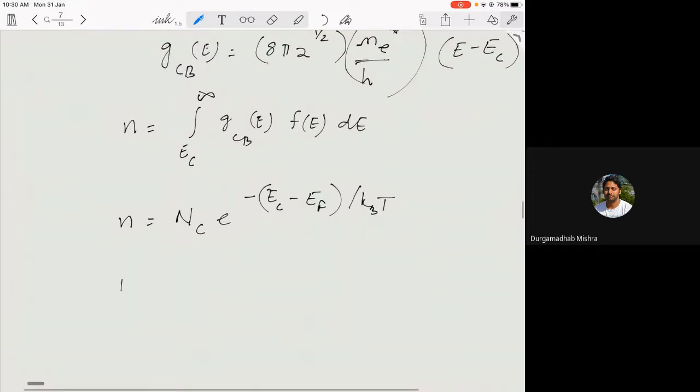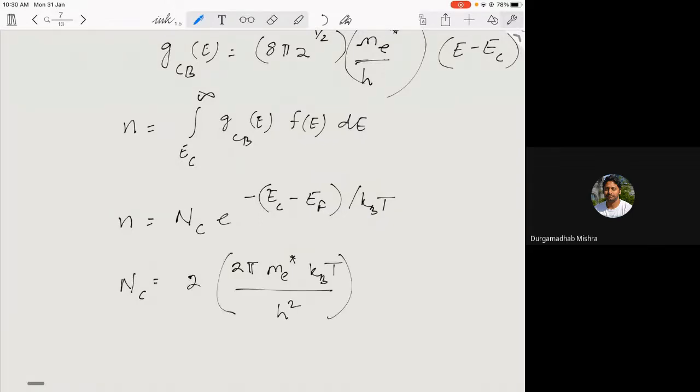And what is N_C? N_C is 2 into (2 pi m* k_B T divided by h squared) to the power 3 by 2.